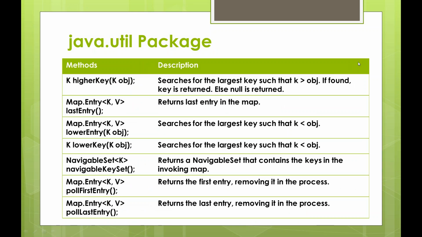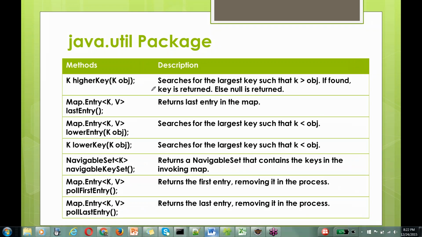These are some of the methods which I don't want to go into in detail. The largest key with key greater than the object that you pass. Last entry is there, lower entry is there, lower key, navigable key set that is similar to your key set, and then poll first entry, poll last entry. It returns the first entry and last entry, removing the entry in the process.